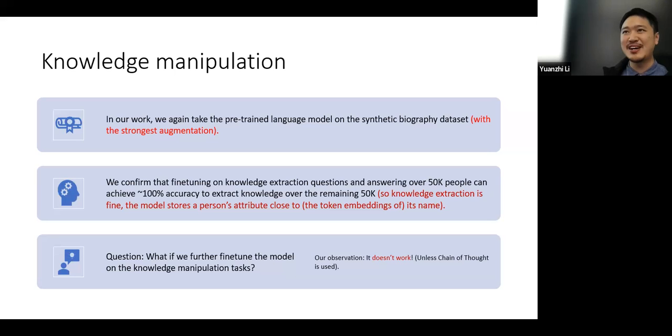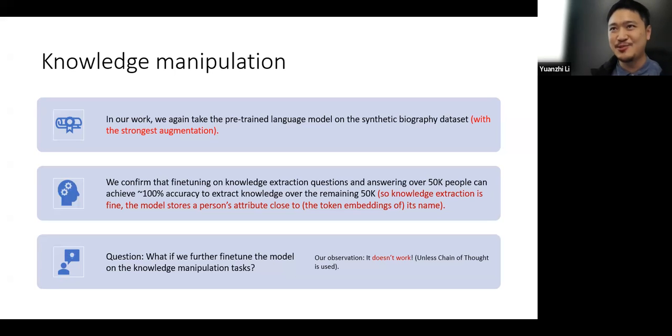So knowledge extraction is fine. And we want to understand, can the model be further fine-tuned to just answer this even or odd question? If we further fine-tune the model on the knowledge manipulation task, can it actually answer the question directly without chain of thought? Because with chain of thought, it's easy: you do an extraction and then a manipulation of the extracted answer.